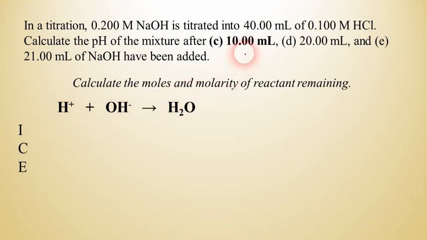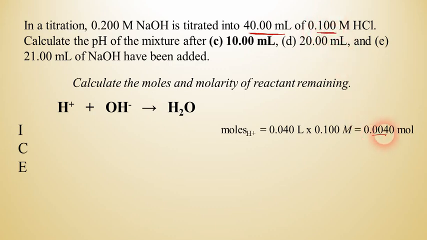We're looking at the moles of acid, so that would be 0.04 liters, which is this number right here, times 0.1 molar, so that's 0.004 moles, and that's going to go in for H+.